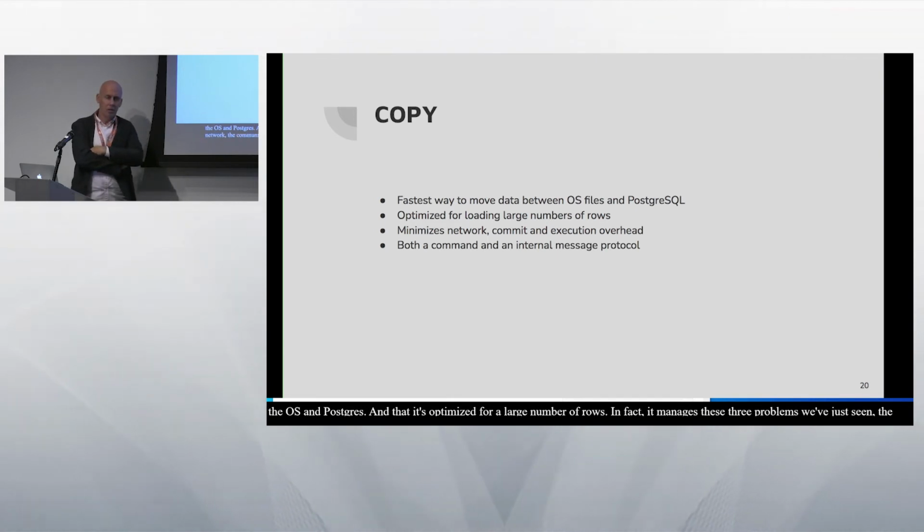It's available as a command in Postgres. But if you dig down into the Postgres documentation, you'll see that there's actually a message protocol for copy in Postgres. In other words, it's not as if someone wrote copy and behind the scenes it's doing a lot of inserts. No, it was developed specifically for this use case of loading data directly into a table.